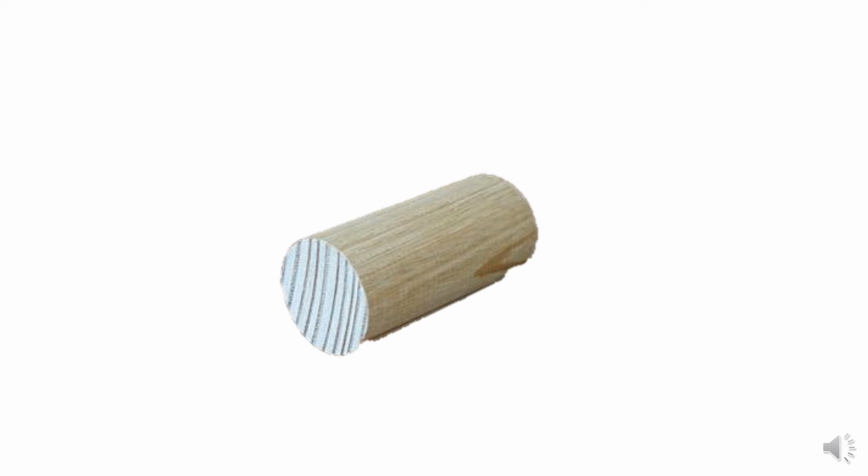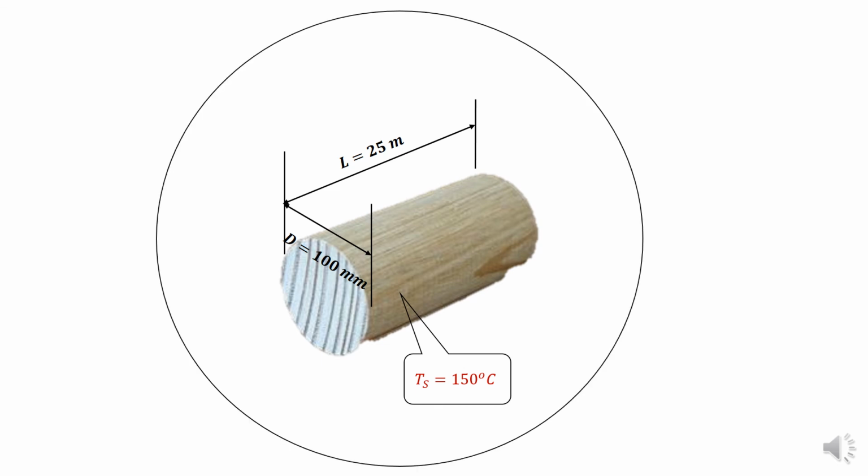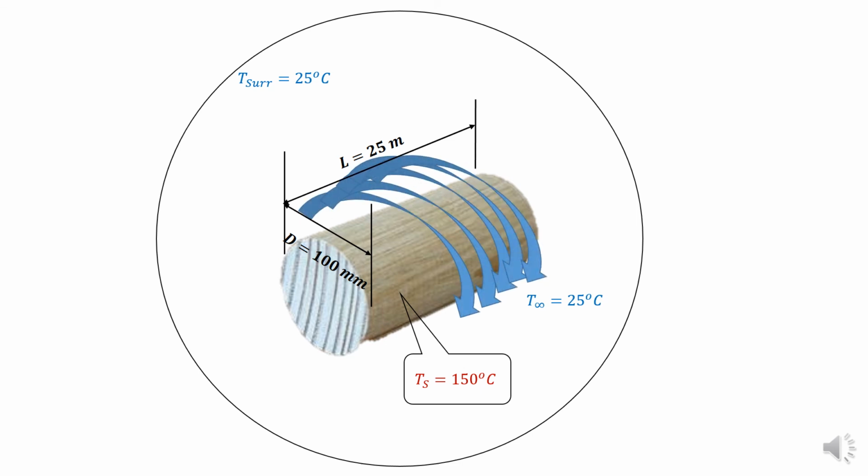We have a long uninsulated pipe having length of 25 meter and diameter of 100 millimeter, and the surface of the pipe is maintained at a temperature of 150 degrees centigrade. The pipe is surrounded by the walls and the surroundings are maintained at a temperature of 25 degrees centigrade. Air is also flowing over the pipe, and the temperature of the air is also 25 degrees centigrade.